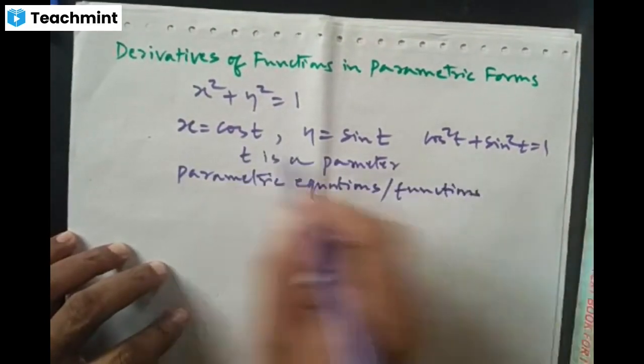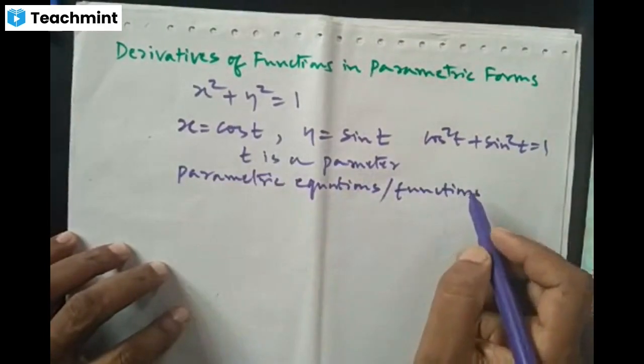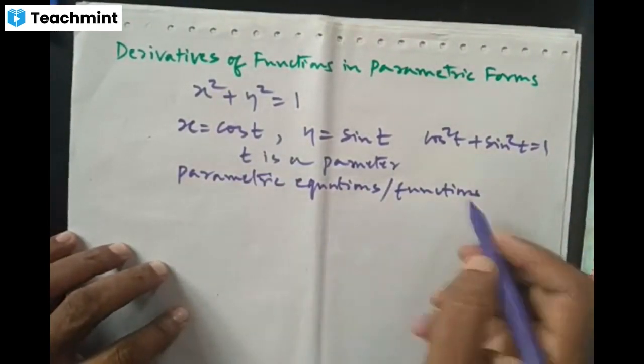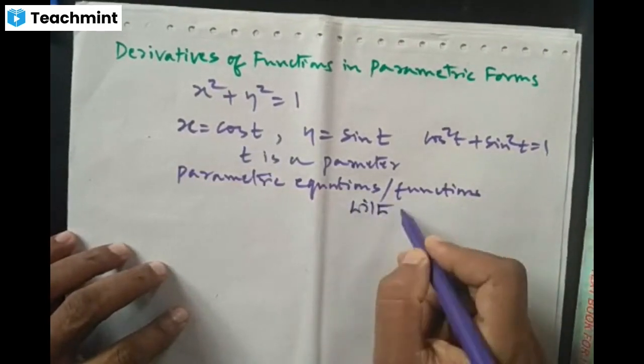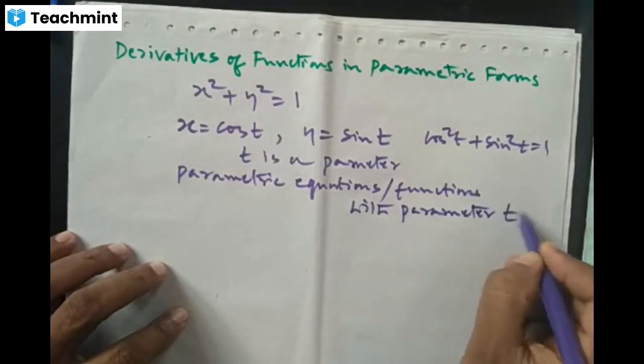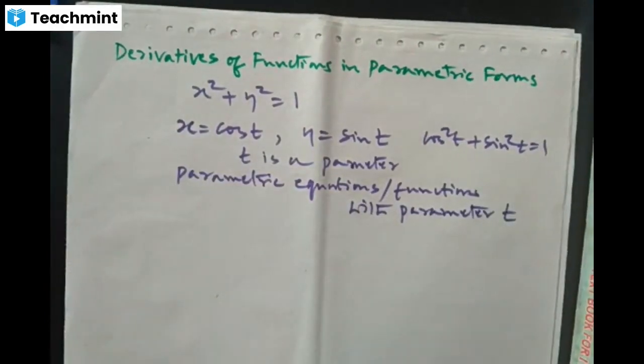These two equations, x equal cos t and y equal sin t, are called parametric equations or parametric functions with parameter t.